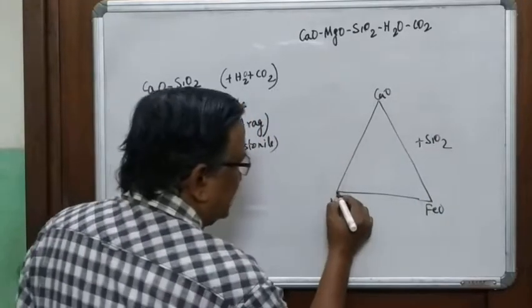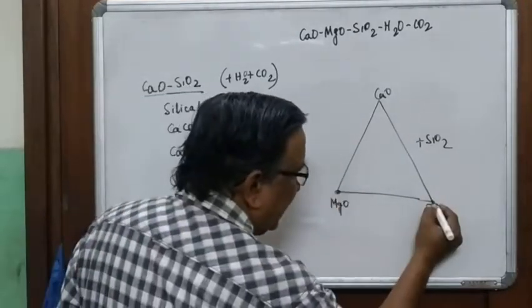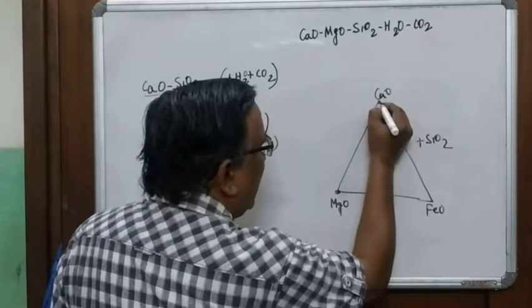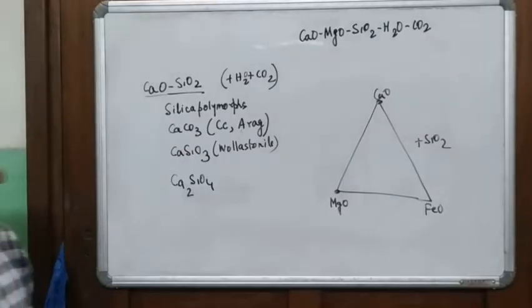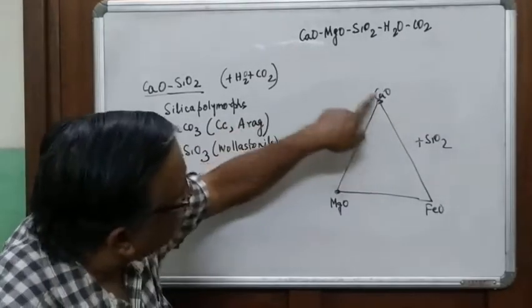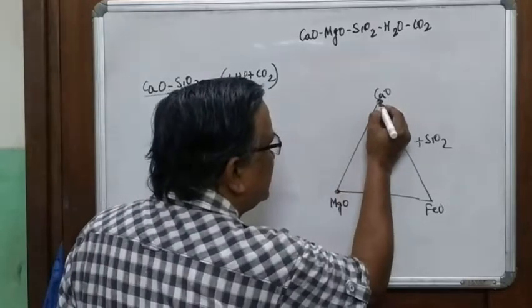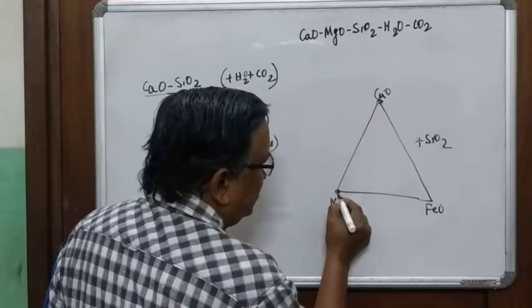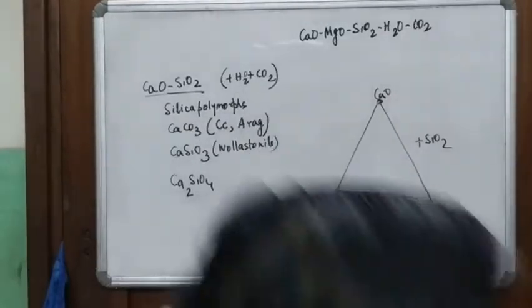Then this is forsterite, Mg2SiO4. This is fayalite, Fe2SiO4, and here you have a mineral which is Ca2SiO4, that means 2 Ca. Important is this is Ca and this is Mg. Okay, I'm making a mistake here. Just wait.